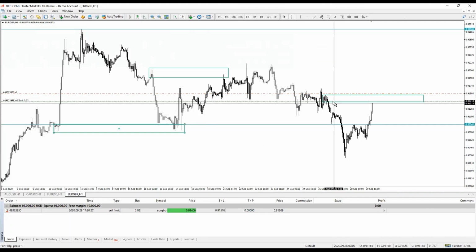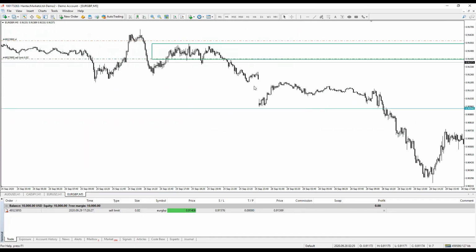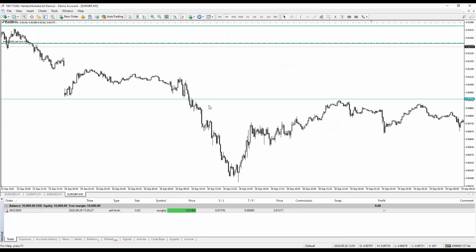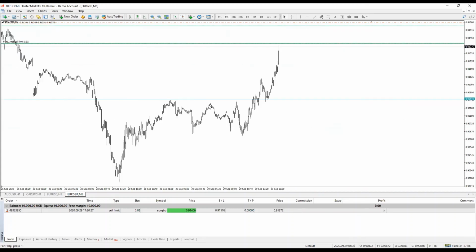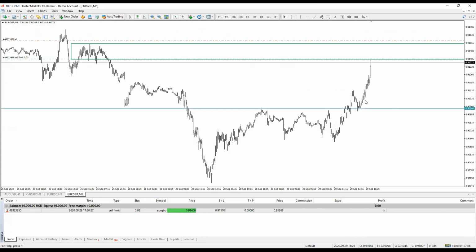So price can go all the way up to this decision point, which is 5 pips higher than that. Maybe that will also be our drawdown before we get our reaction. Okay, so this is the recap about supply and demand and how we draw them.